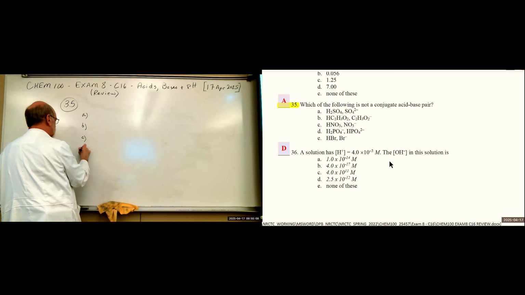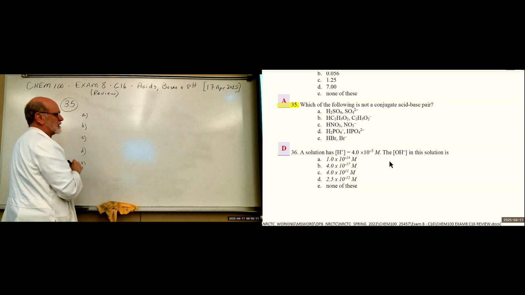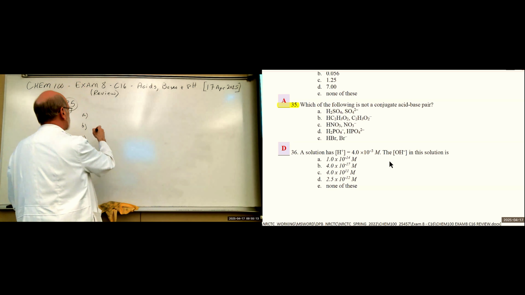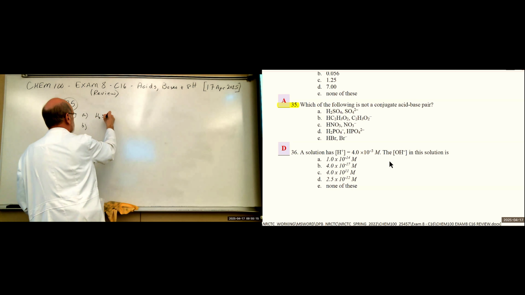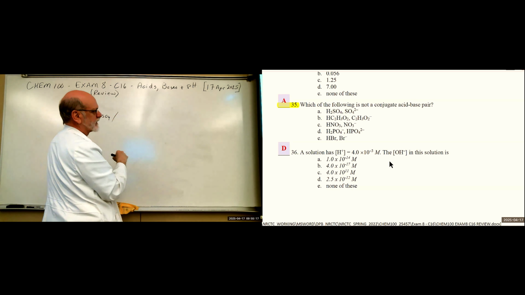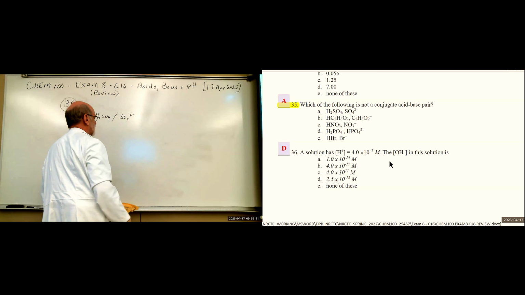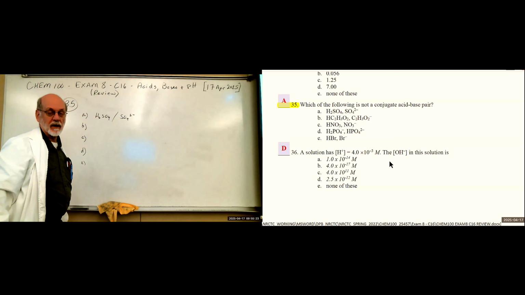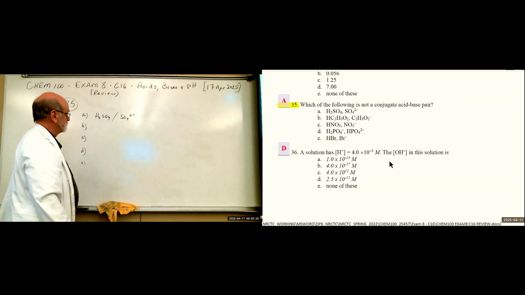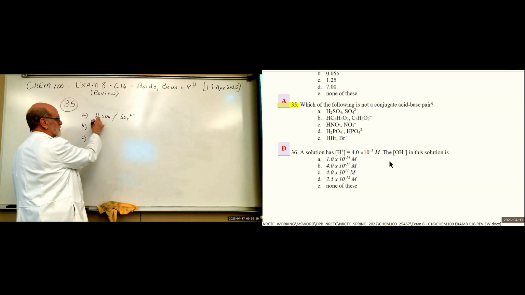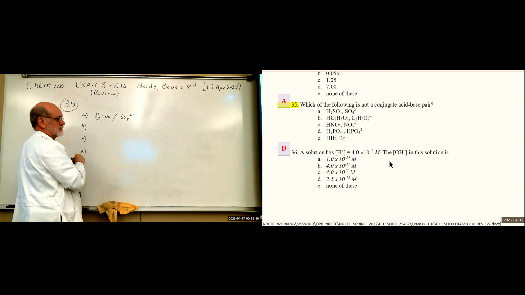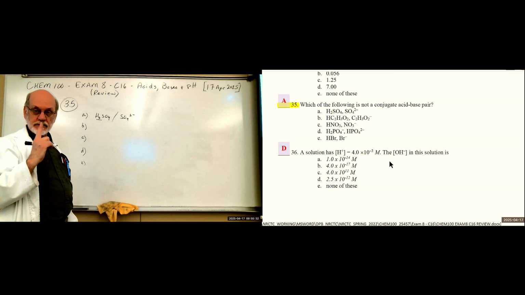B, C, D, and E. So the first one is H2SO4, H2SO4, and I write it like that with a slash, SO4 2 minus. Is that a conjugate acid base pair? No, because you've got a difference of 2 protons. You can only have a difference of 1.